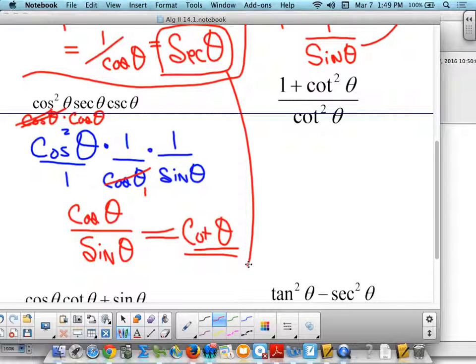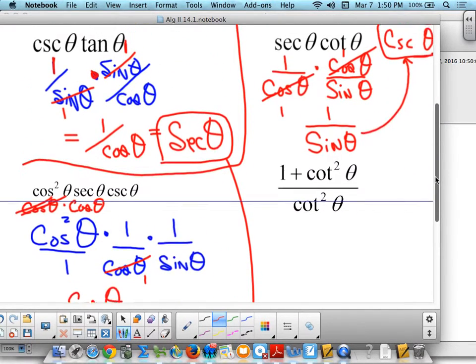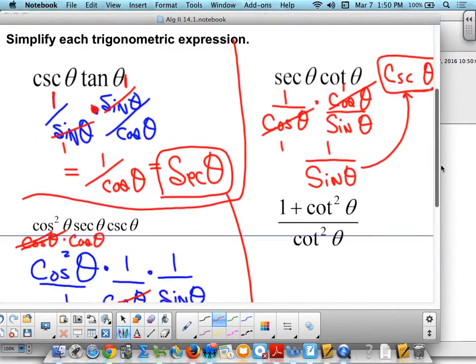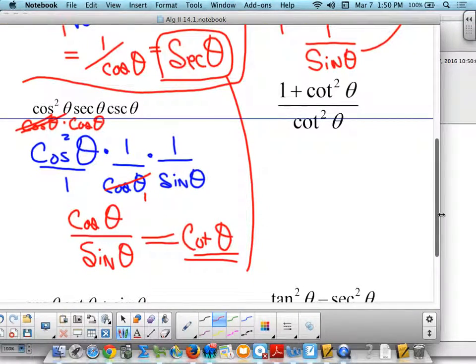Yeah, we can cancel each other out and do 1. Now I've got to tell you something. If you ever see cotangent squared with a 1, if there's a 1 in a trig function squared, I'm thinking Pythagorean.